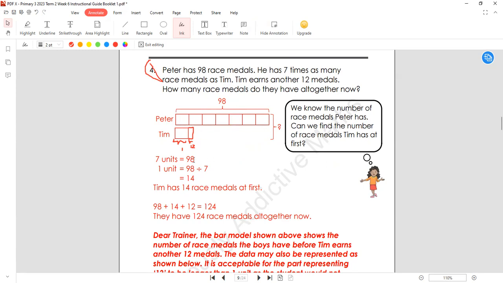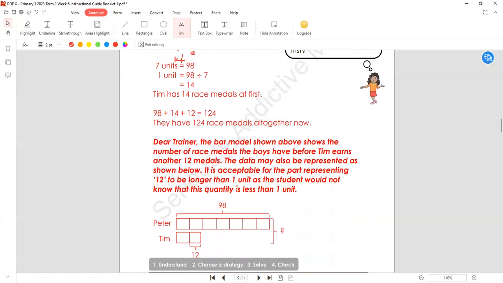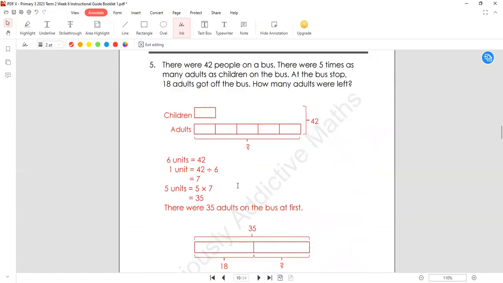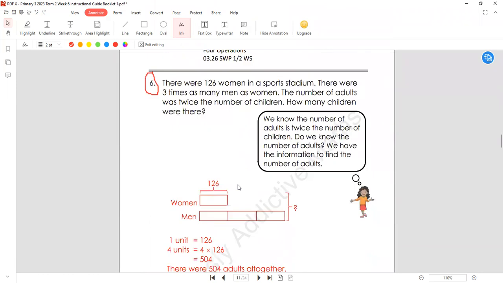So 98 divided by 7 gives you 1 unit, so Tim originally has 14, and then plus another 12. The question is altogether, so you have to get Peter plus Tim, plus the extra 12. So altogether, this. All right. Next question.